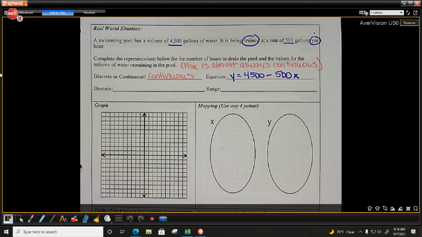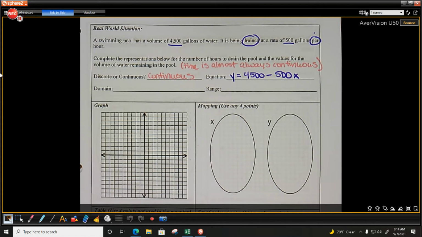Okay. So when we have a continuous function or a continuous graph, do we list out our domain and range or use an inequality? Inequality. So what's the smallest amount of time that the pool's going to drain for? 0.